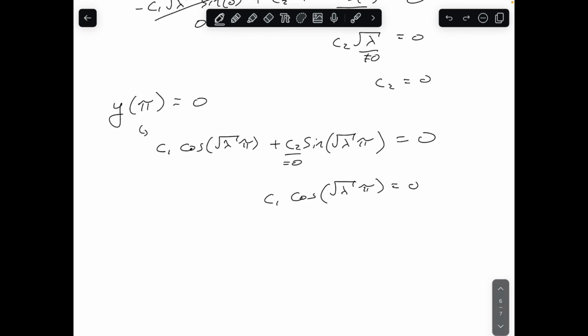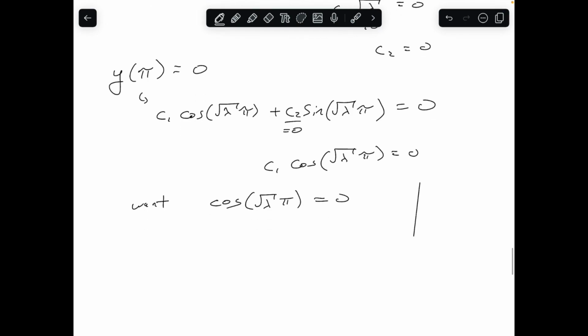And so if we don't want c1 to equal 0, then what we would want is for cosine to equal 0. So we want cosine of root lambda pi to equal 0. And when does cosine of some value equal 0? So on the unit circle, cosine gives you the x values and sine gives you the y values.